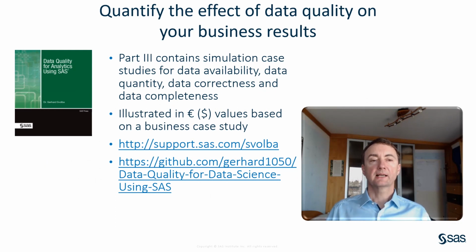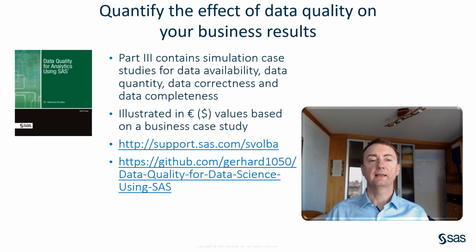In my SAS Press book, Data Quality for Analytics Using SAS, I have performed a large number of such simulations. What does it mean if a certain variable is not available? What does it mean if the number of missing values increases? What does it mean if the number of random errors in the data increases?